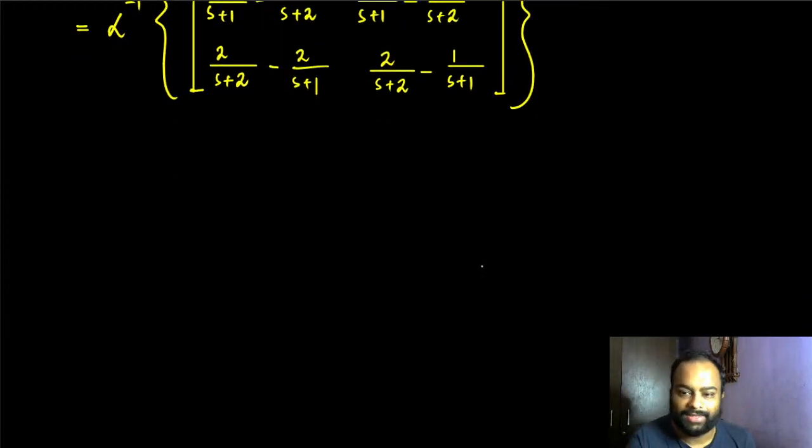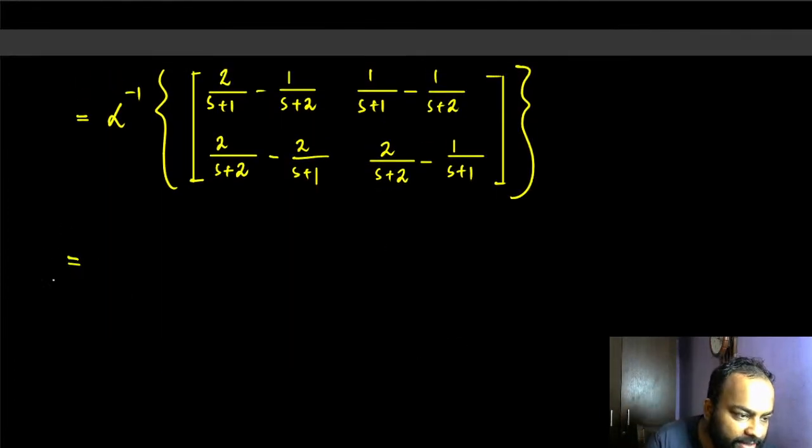Now taking the inverse Laplace transform is a breeze, very easy. All you need to do is take the inverse Laplace transform of all these individual terms. So this is still a 2 by 2 matrix, keep in mind. So this is 2 e to the power minus t.